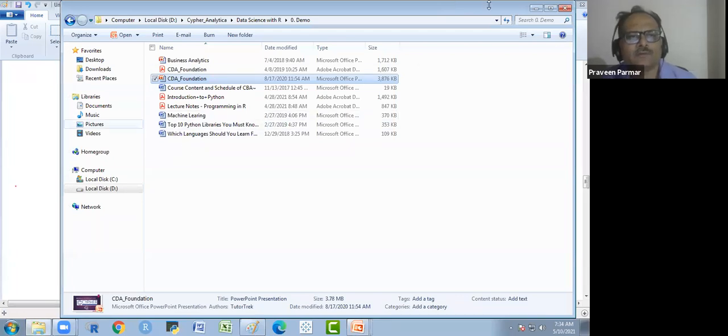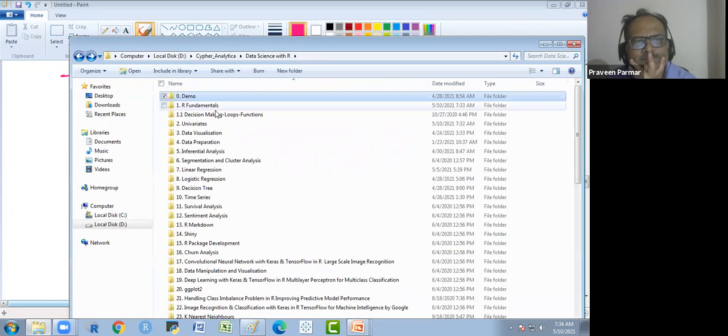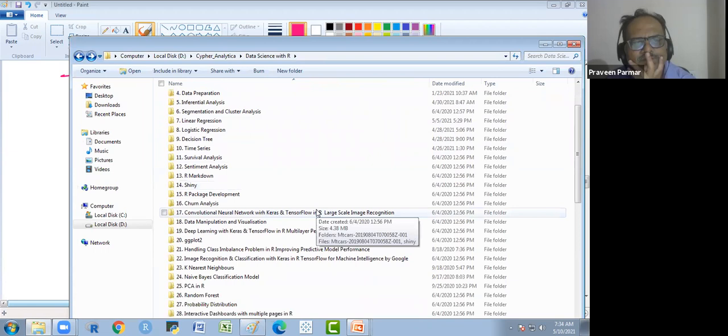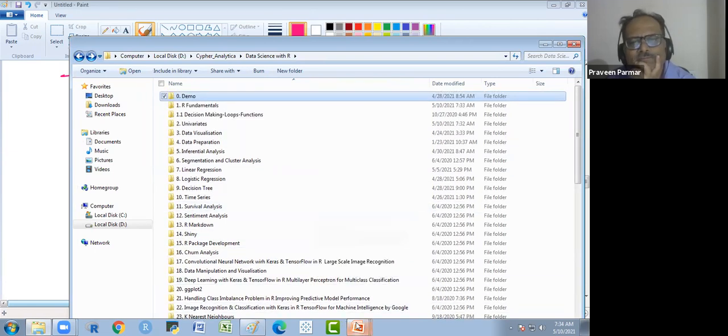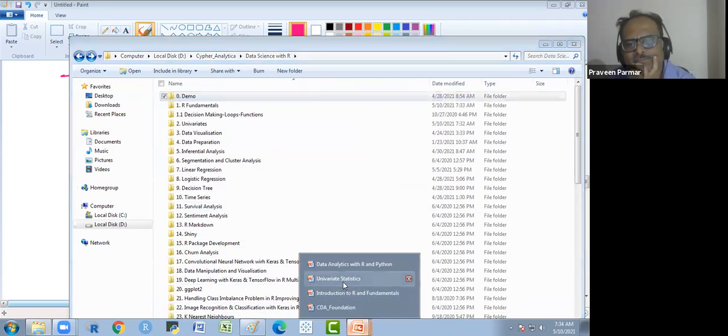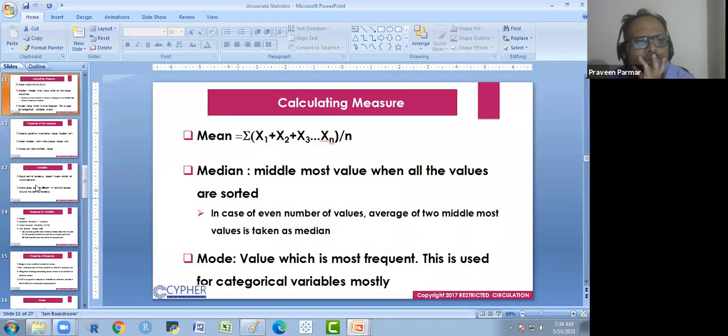I will send it to you. I have given the data classification over there, but in which slide I have included it, I will just see. Univariate is not showing me. It should be here, but it is not.